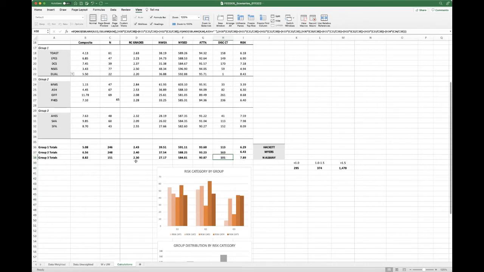So in this case, it's the smallest group by far, so per student is probably a little bit higher than the others, but you still are lower there. And then predictably, the risk score is close to 8.